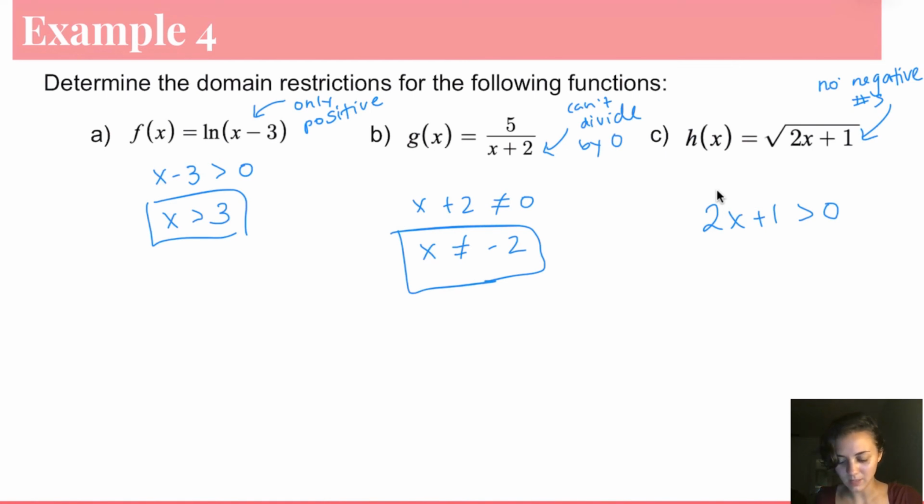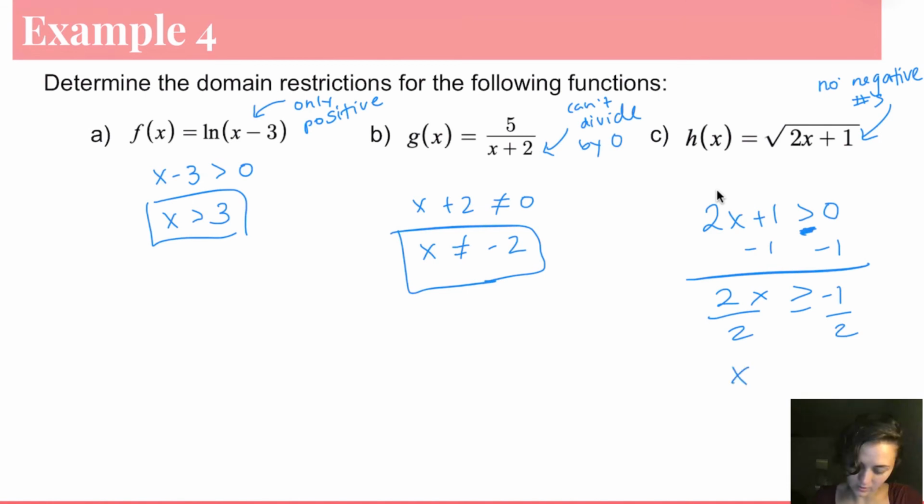It can be equal to 0. So square roots, you can take the square root of 0. That's no problem. So in this one, it can be equal to 0. If I solve this out, I'll subtract by 1, then divide by 2. So x is greater than or equal to negative 1/2. Those are my domain restrictions.